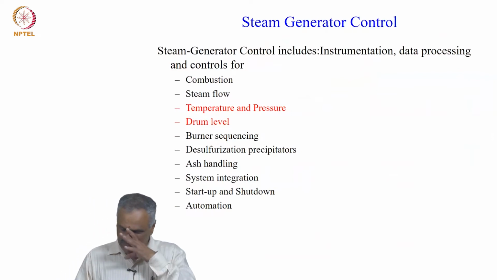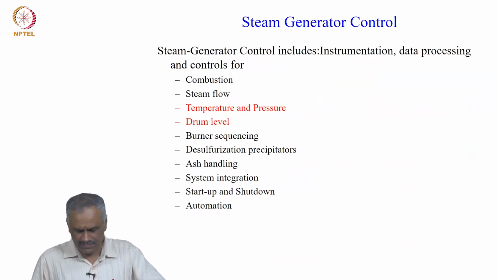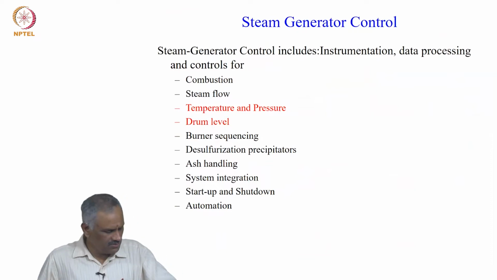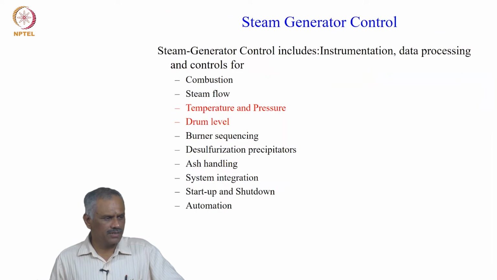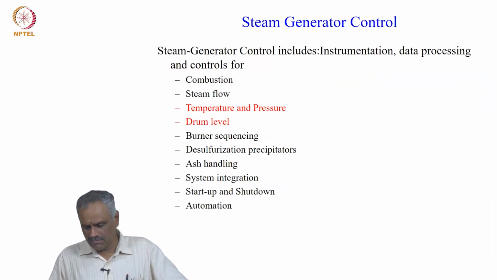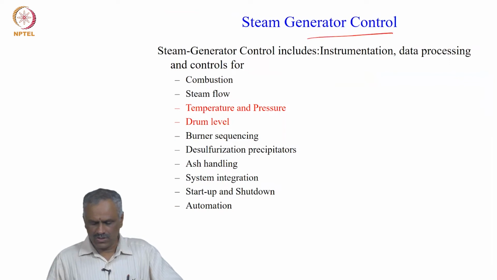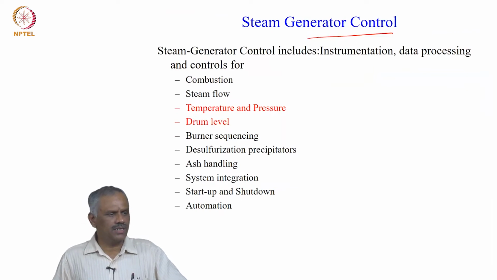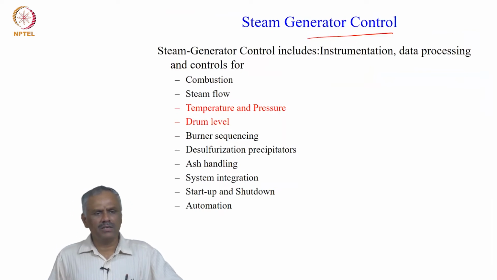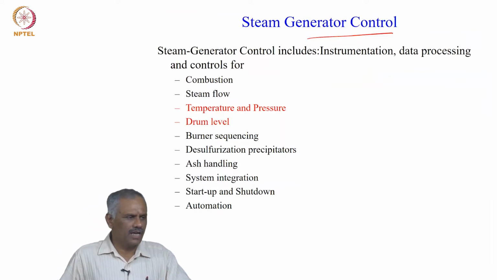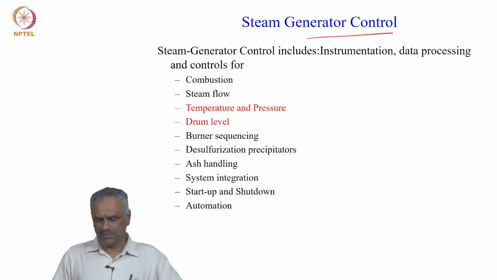The next one is the steam generators, which are evaporators. So they have different control systems, and there are two types of components. One is called accessories, the other one is called mountings. Mountings are mainly meant for safety, accessories are meant for performance improvement.